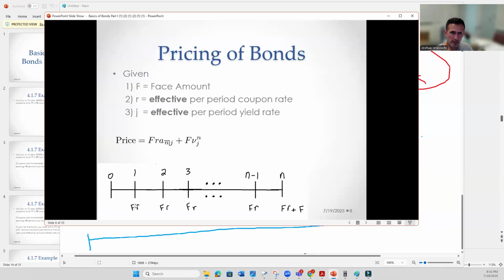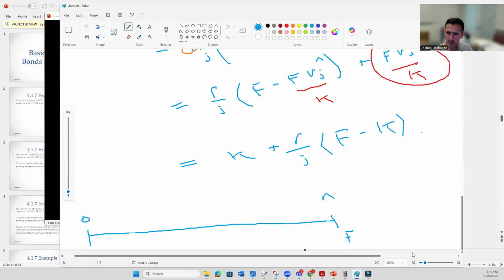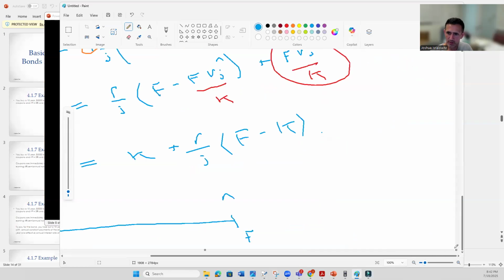Literally everything is zero here except F. So your zero coupon bond just gives you the redemption at the end, and otherwise doesn't give you anything.